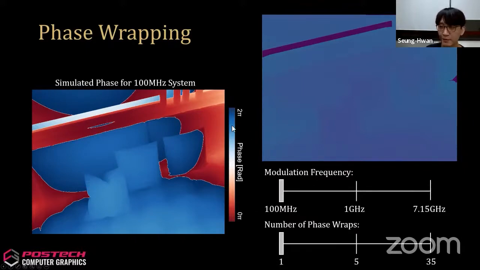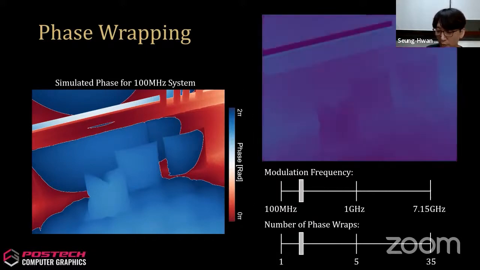In a previous imaging system that uses this 100 megahertz modulation frequency, it was relatively trivial to convert this into a proper depth map. However, this problem gets extreme when we use high modulation frequencies.